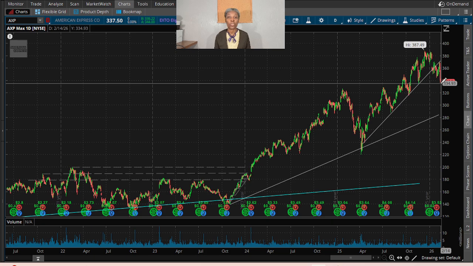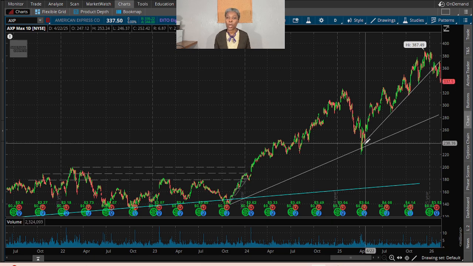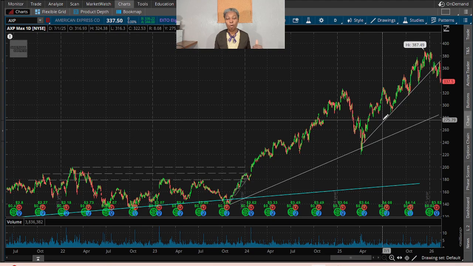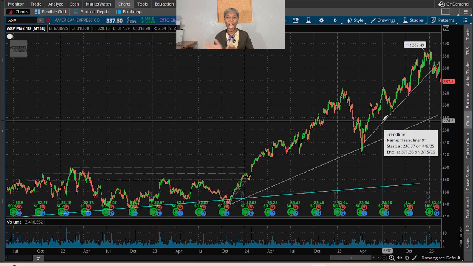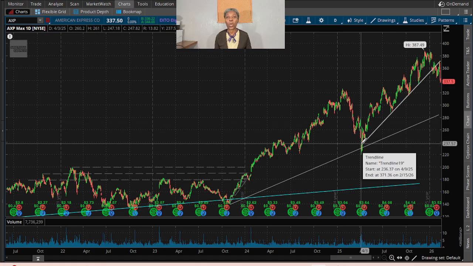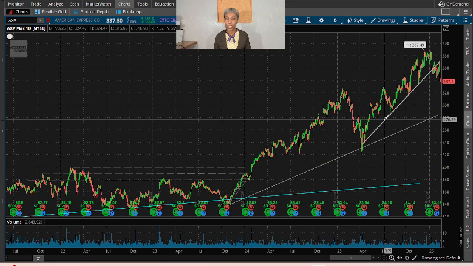It will be a horizontal support line, but I tend to trace an oblique support line passing by the higher lows. I use higher lows in my swing trading strategy, so my support lines are upward trending.